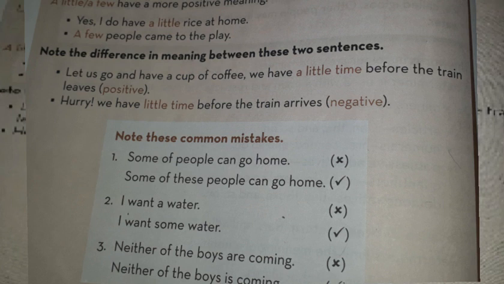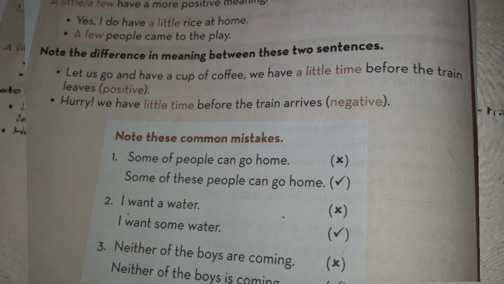Correct. See, now in your book some examples have been given. Note these common mistakes. Some of people can go home. So here it says positive. Some of these people, we have to limit. Some of these people can go home. That is right. I want a water. Near an uncountable noun, we should not use a or an.